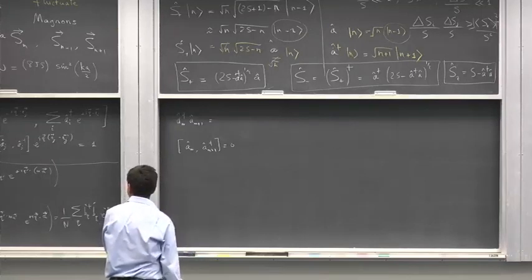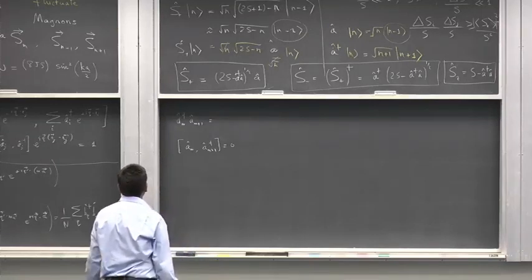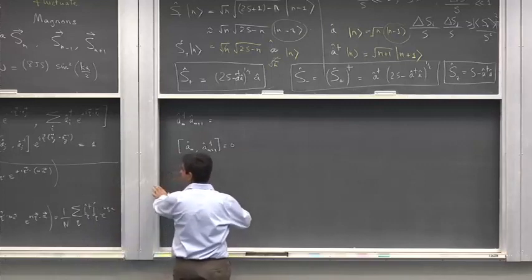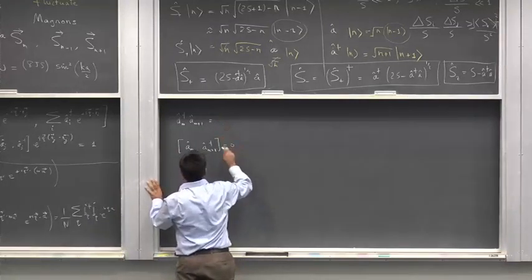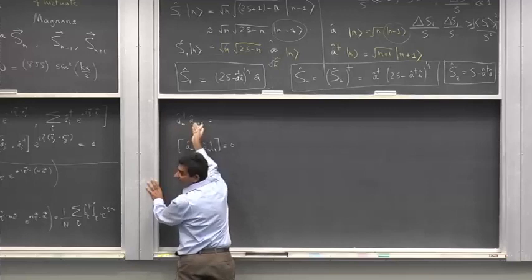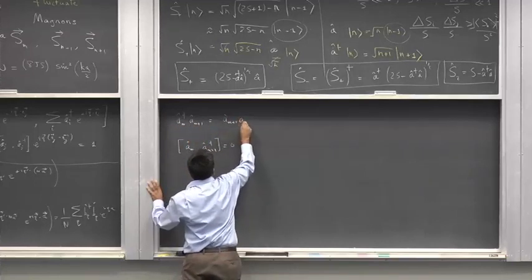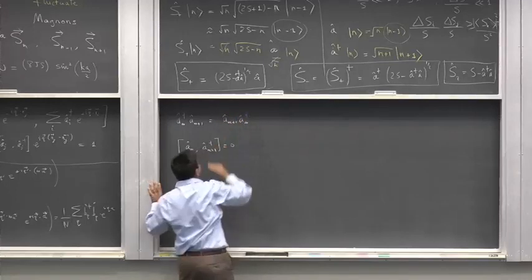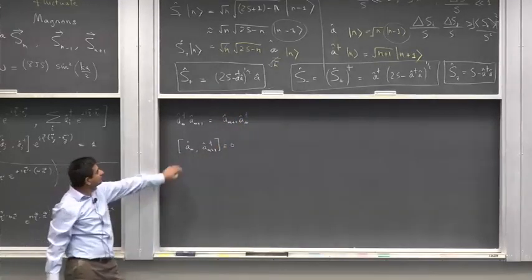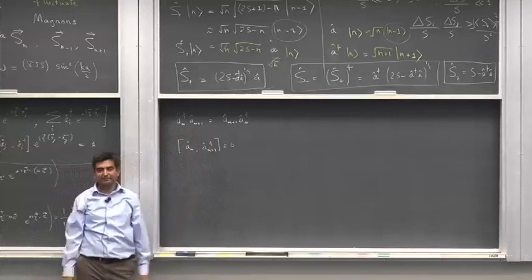So I have am plus 1. Since this is 0, I can reverse the order. It doesn't matter. So this becomes am plus 1 into am dagger. There's no harm in doing that because these operators act on different sites. They commute.